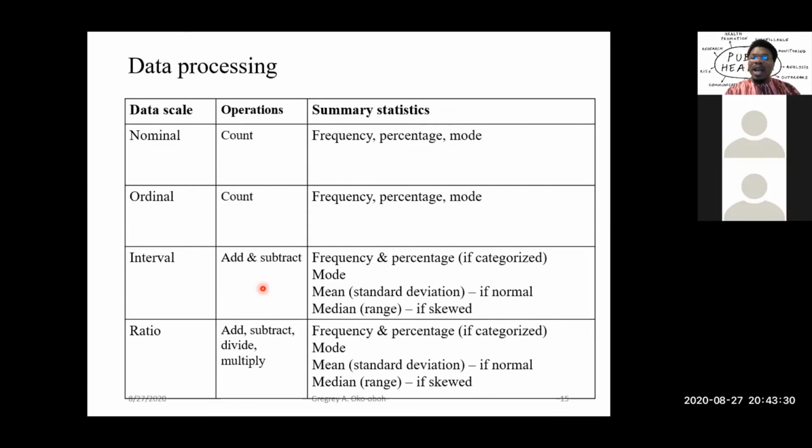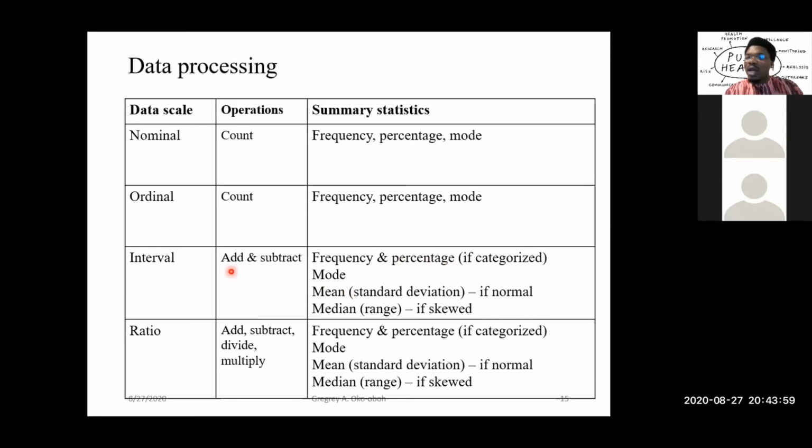That is why we subtract the last normal menstrual period from the current date so that we can estimate the gestational age of a fetus. Those are dates, so you can subtract dates, and you can add dates. But you cannot multiply dates. You cannot divide dates. That is the limitation of interval scale.